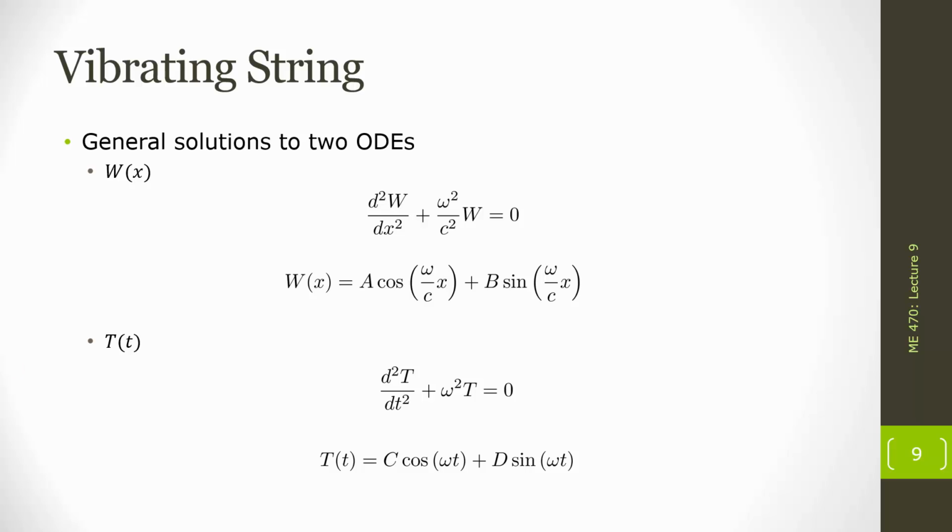Now we want to go about getting these constants a, b, c, and d, and actually we're going to be interested in what omega is as well. So we're going to start with this w of x and solve for its constants using some boundary conditions.